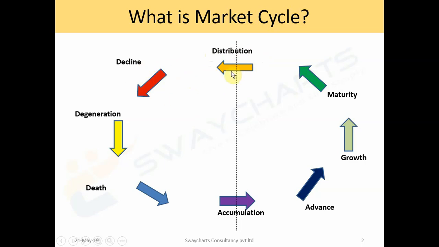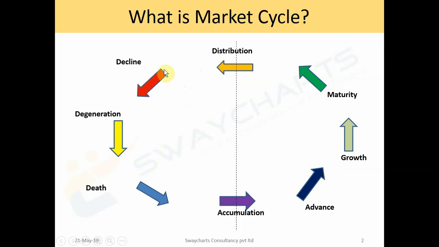Now if you recollect, in the support definition we said that supports are broken in the decline and degeneration phase. So these are the levels of support which now start failing to hold, and that's when the technical trader adds on to the supply, because he entered at this level for a technical breakout on the upside.